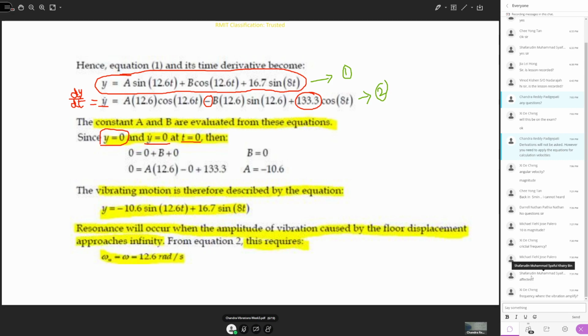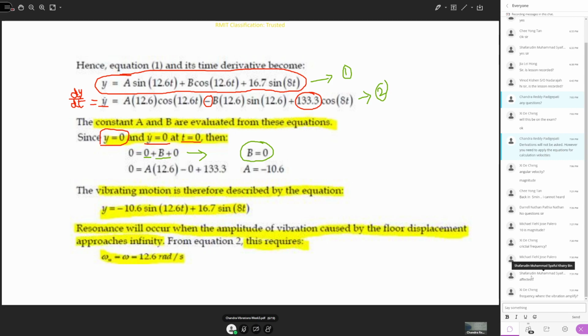Sine 0 is 0, so that whole term becomes 0. In b cos omega t, when t is 0, this becomes cos 0, and cos 0 is 1, so you will have b. Then the sine 0 term becomes 0, therefore the whole thing becomes 0. So from the first equation, we can say that the constant b is equal to 0.